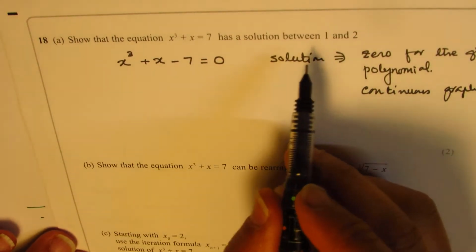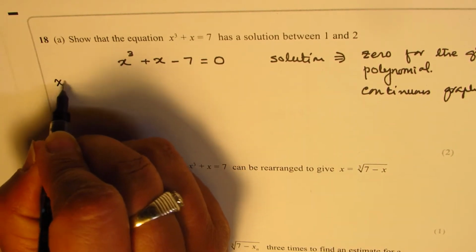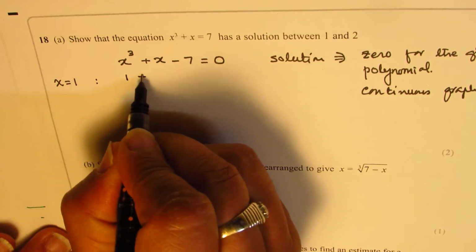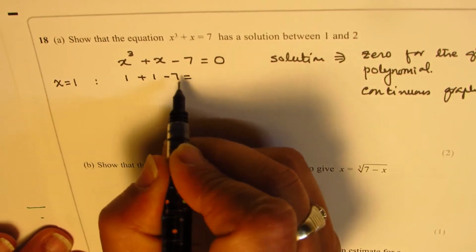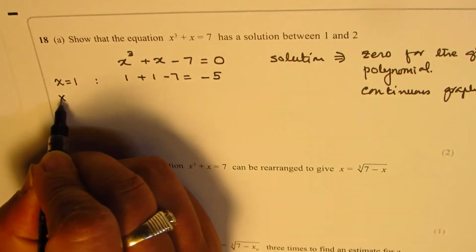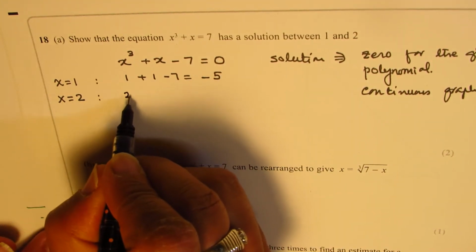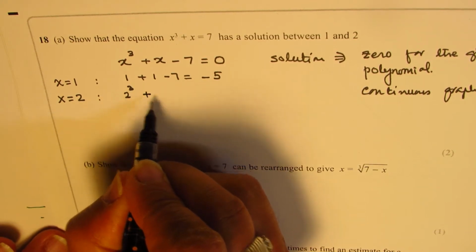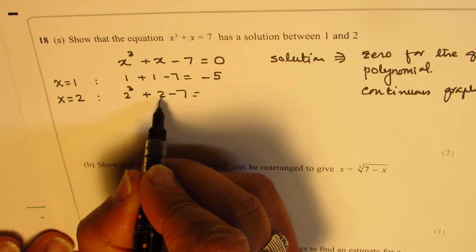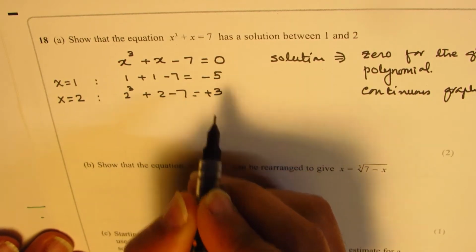Correct? So if I substitute x equals 1, what do I get? 1 plus 1 minus 7, which is negative 5, right? And if I substitute x equals 2, I get 2 cubed plus 2 minus 7. So 2 cubed is 8 plus 2 is 10, and 10 minus 7 is plus 3.